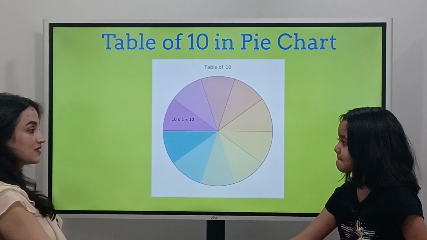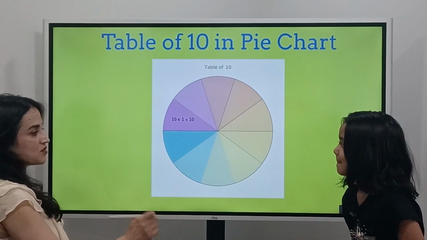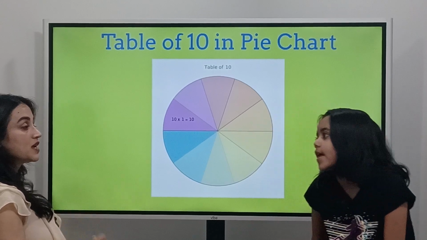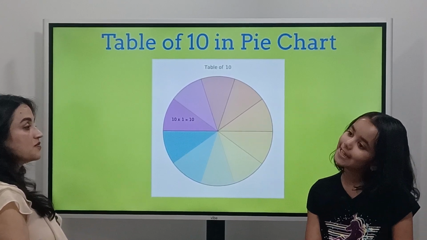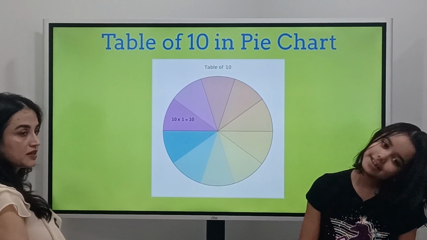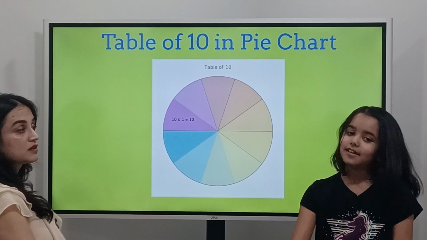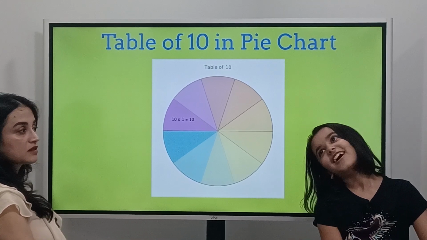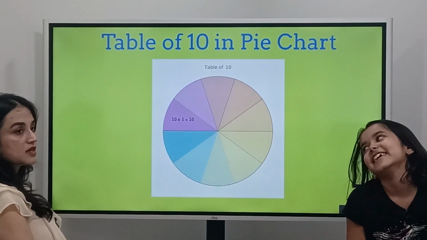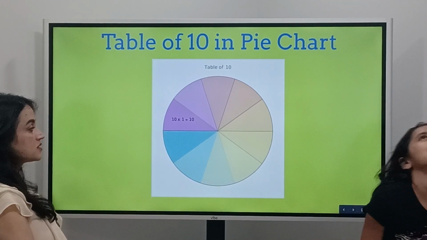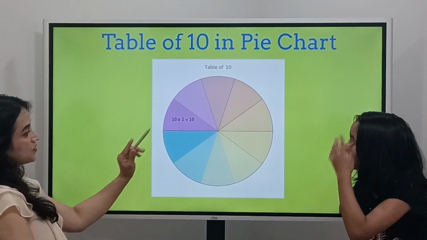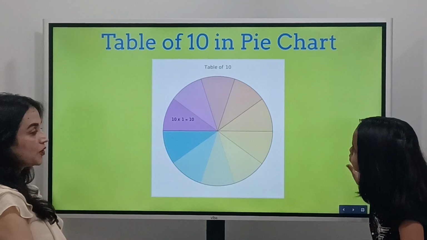We're not going to write it down. 10 ones are 10, 10 twos are 20, 10 threes are 30, 10 fours are 40, 10 fives are 50, 10 sixes are 60, 10 sevens are 70, 10 eights are 80, 10 nines are 90, 10 tens are 100. Okay, so that's how you can practice at home.